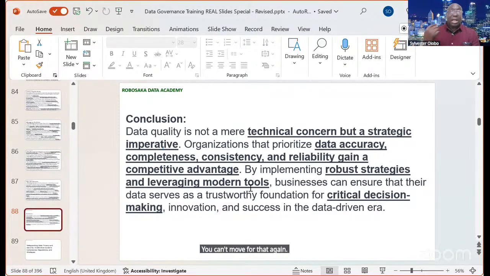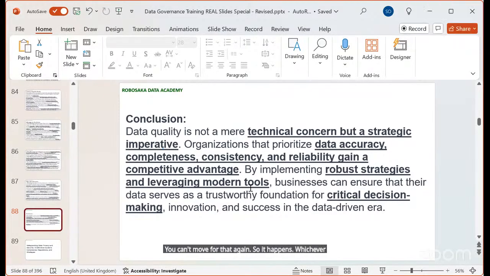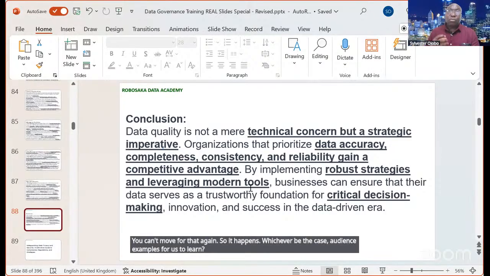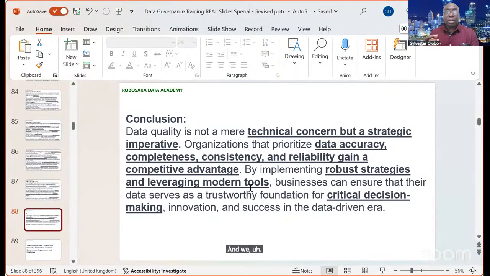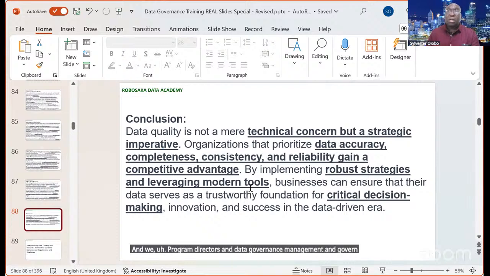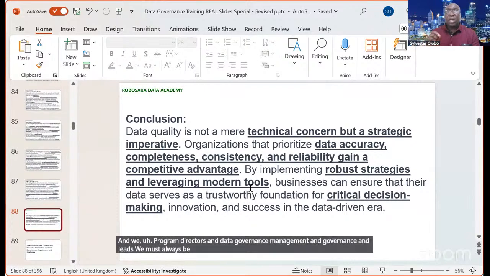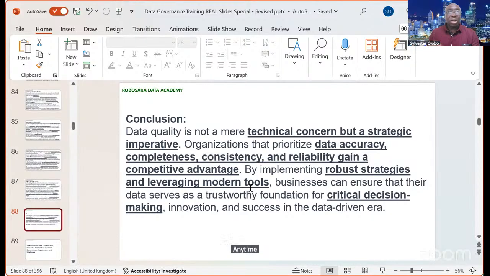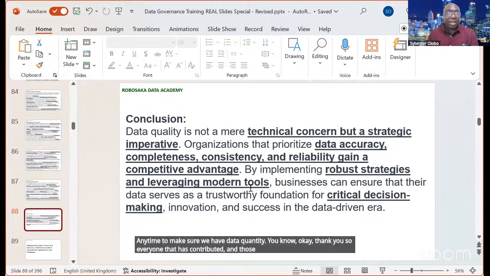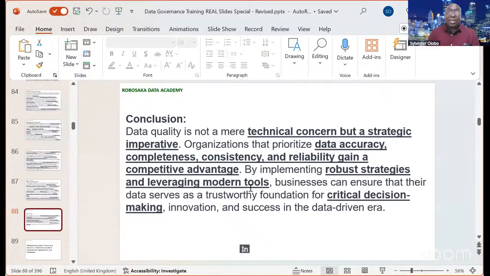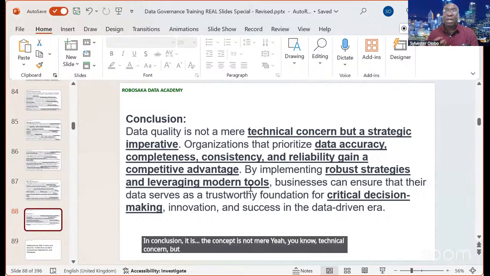So it happens. Whichever may be the case, all these examples are for us to learn, and we as program directors, data governance managers and leads must always be very careful to make sure we have data quality. In conclusion, the concept is not a mere technical concern, but a strategic imperative.